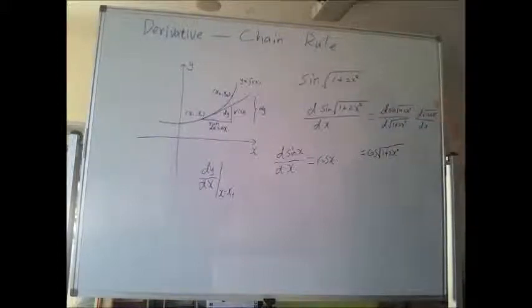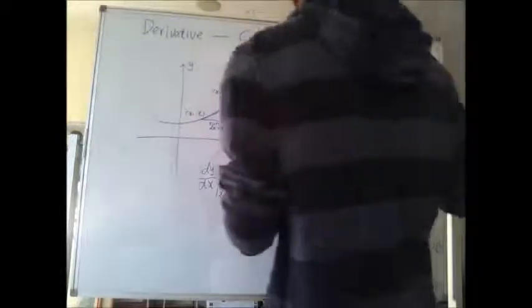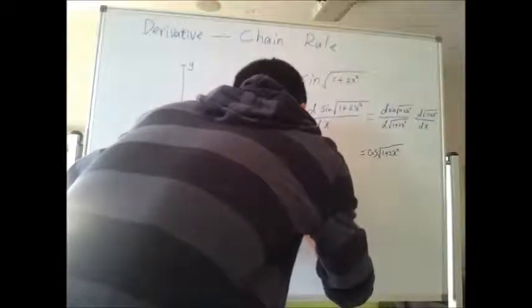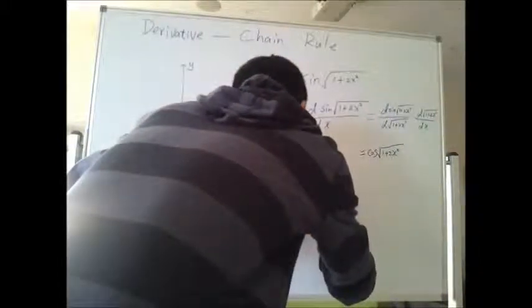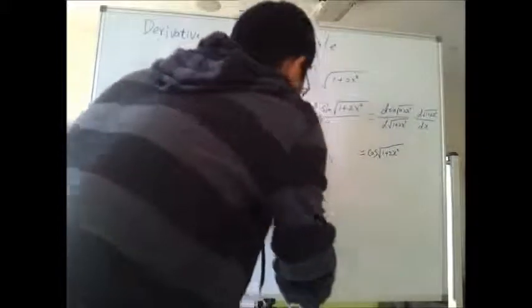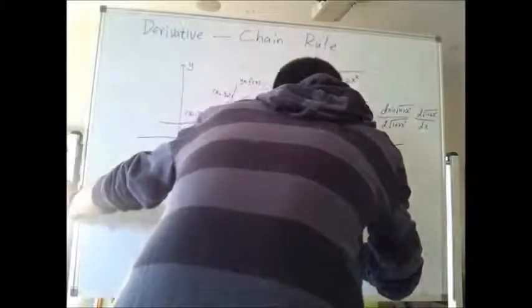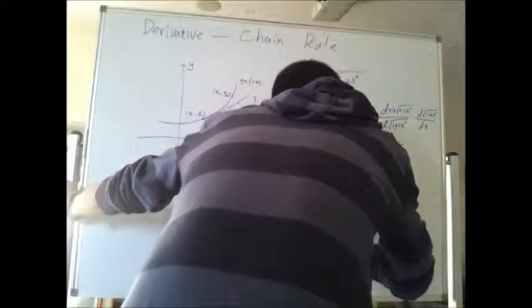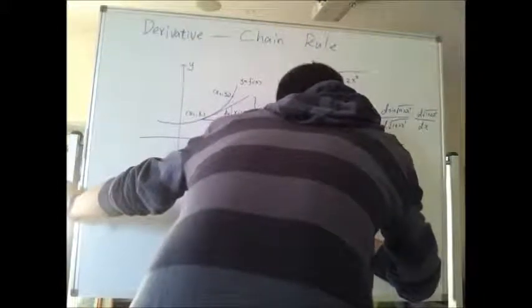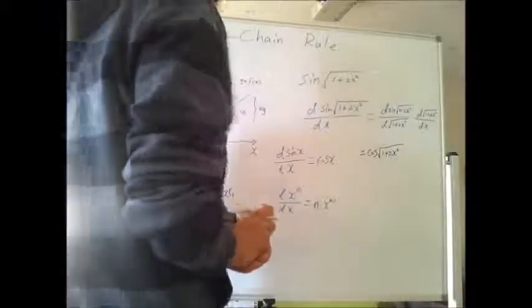And for the second part, we still don't know how to do it, and we need to use the chain rule again. Before we use the chain rule, I'll introduce another rule: the derivative of x to the power n over dx equals n times x to the power n minus 1.